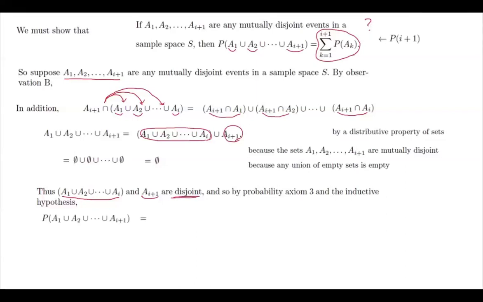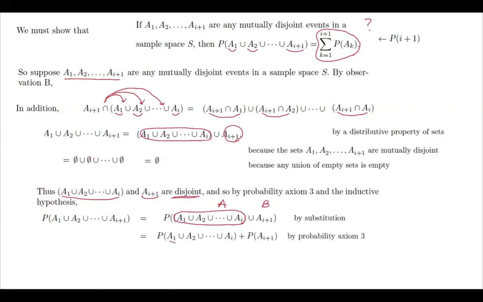It means that if you apply the third axiom of probability, the probability of A1 union A2 union A sub i plus 1 is, if you group these together and call it, for example, A, and this one B, equal to the probability of A plus the probability of B. Well, by the inductive hypothesis, this probability is equal to the summation of P of A sub k, k from 1 to i, plus the probability of A sub i plus 1.